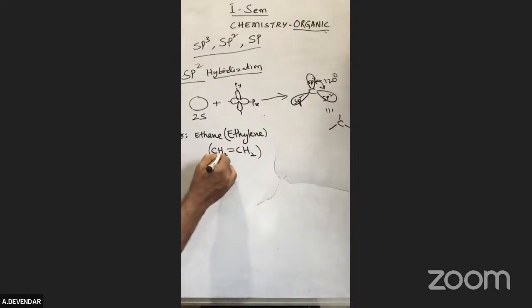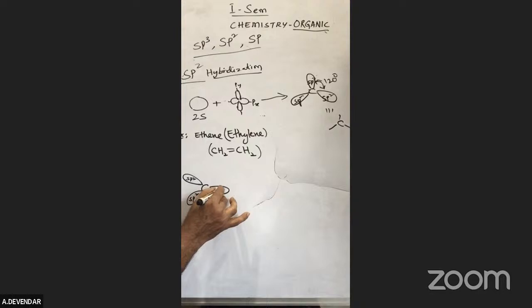There are two hydrogens. Now the carbon has three sp2 hybrid orbitals. This is one sp2, this is another sp2 on this carbon atom.